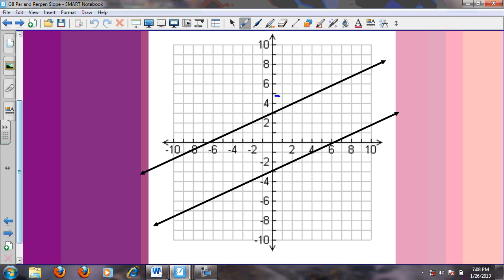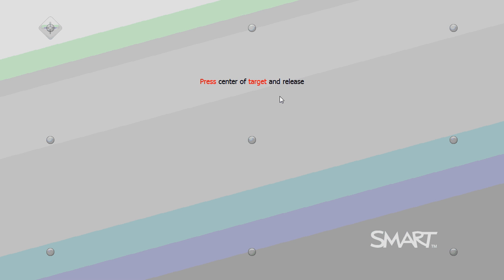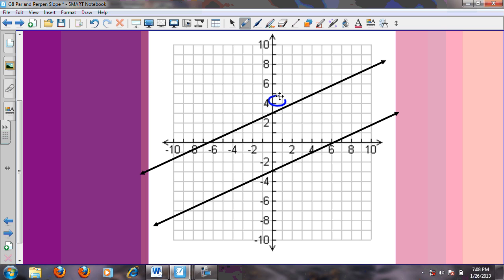We have a y-intercept of +3 on the top line. And it looks like a y-intercept of -3 on the bottom line. Okay? So their y-intercepts are the opposite of each other. I would agree with that.